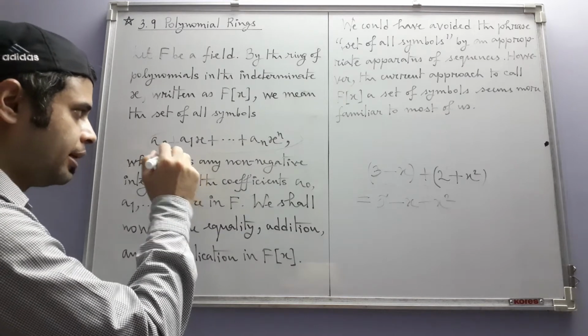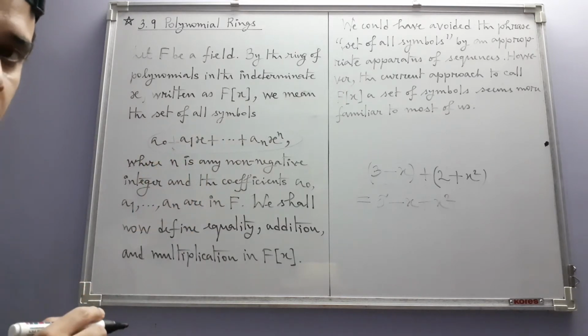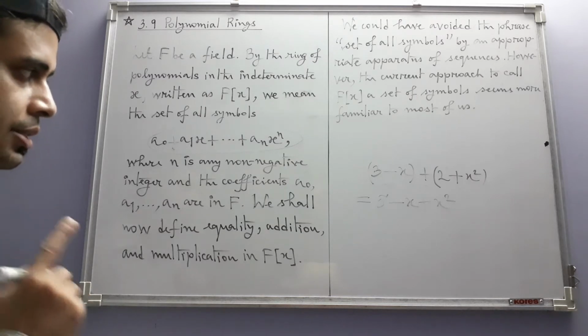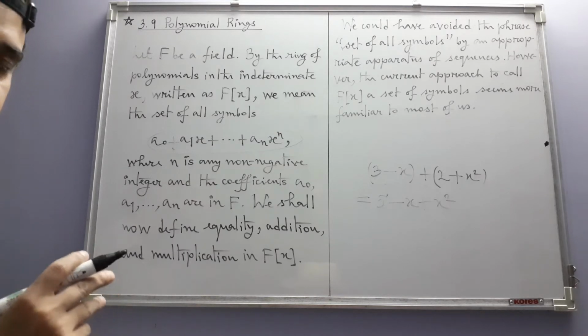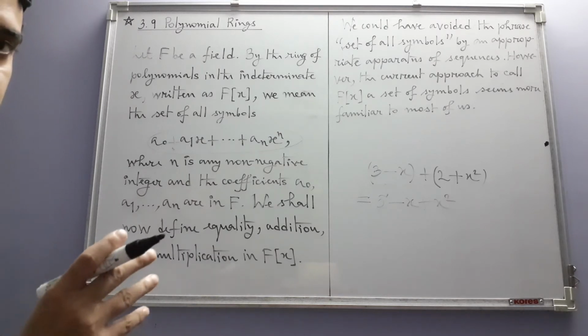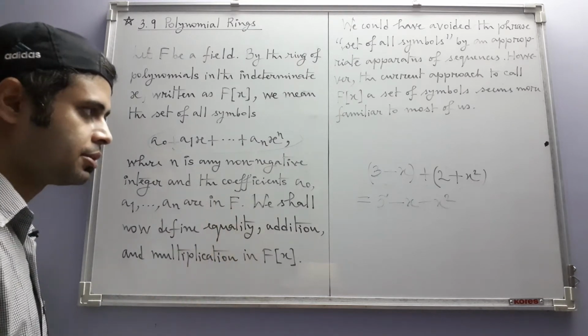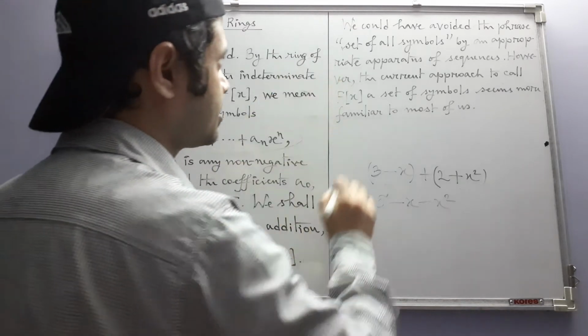To rectify that, there is a way of defining polynomials using sequences, which I have discussed on my Facebook page. There I have discussed how polynomials can be defined as sequences of field elements. We are not going to take that view here. That's what Herstein has said.